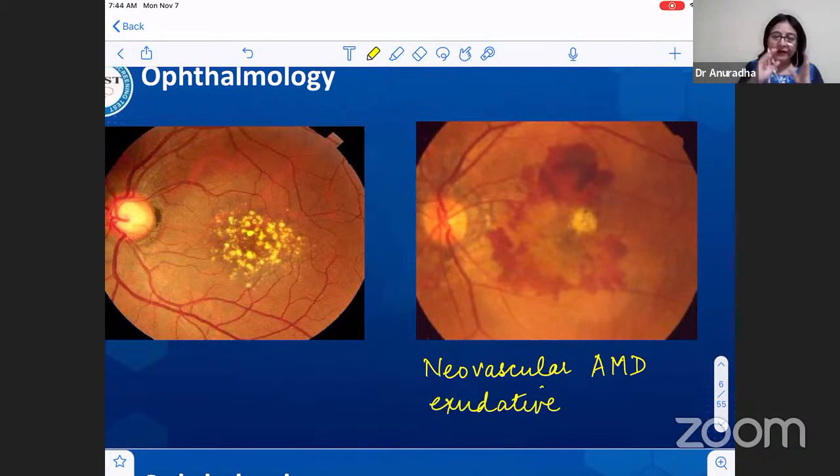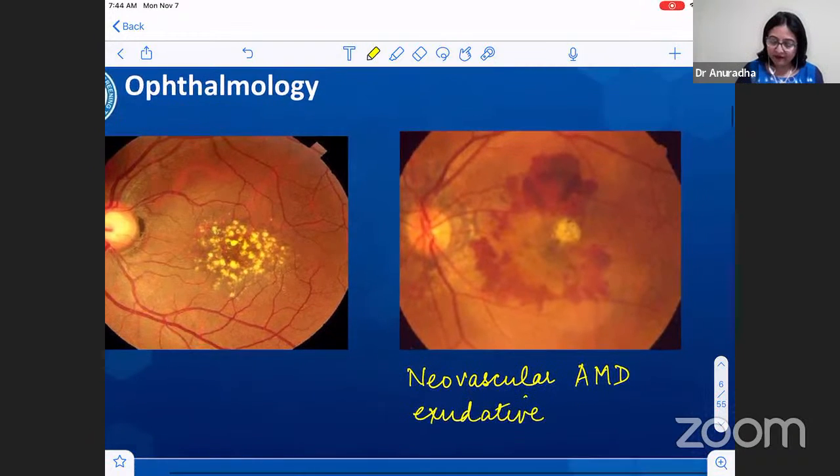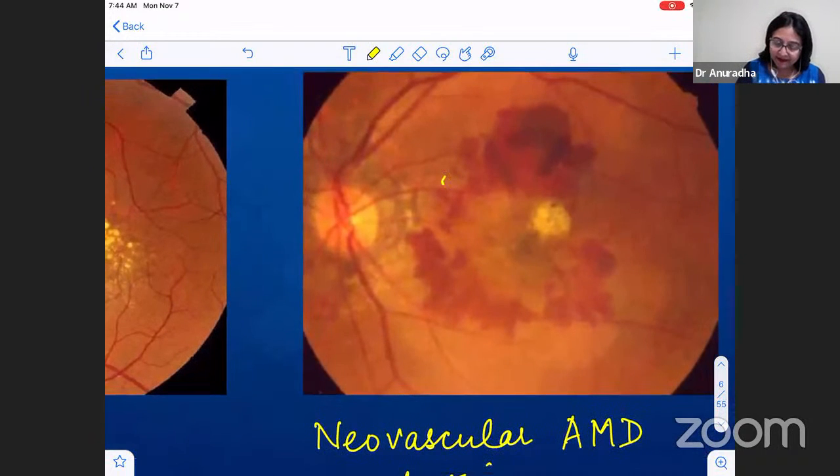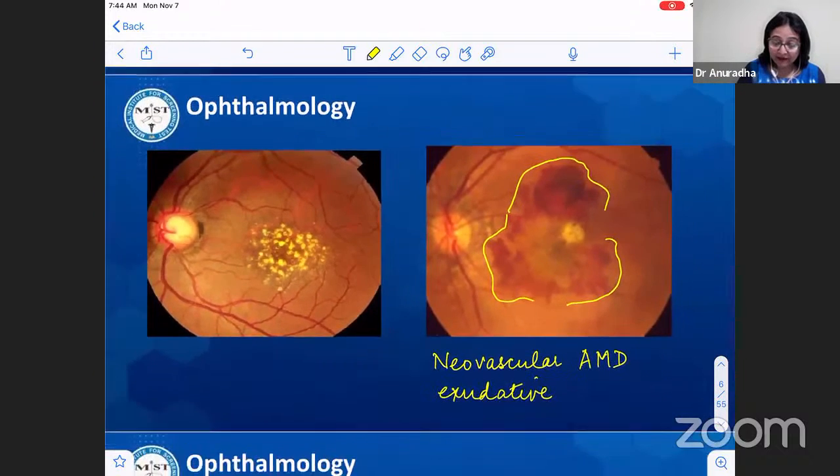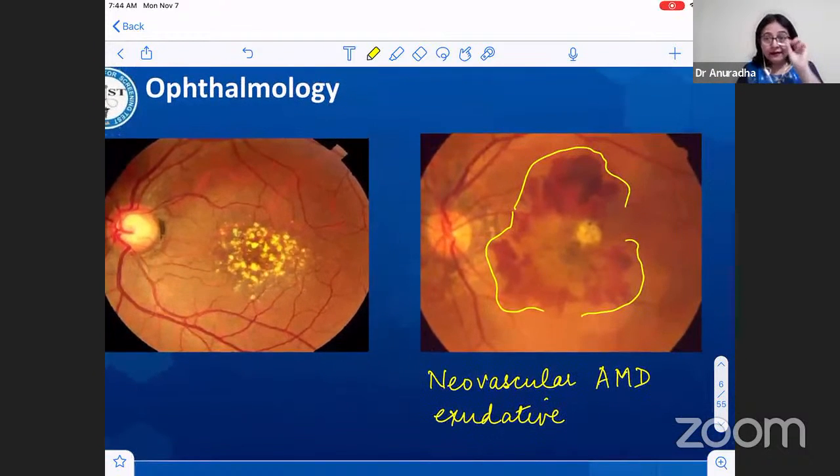In that kind of age-related macular degeneration, as you are noticing here, you will see there is bleeding in the macula, these hemorrhages, you can make it out. If there are hemorrhages in the macula, in the form of subretinal hemorrhages under the surface of the retina, then that is a case of neovascular AMD.